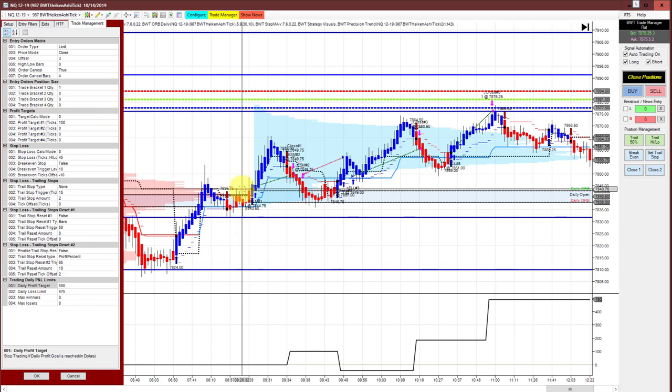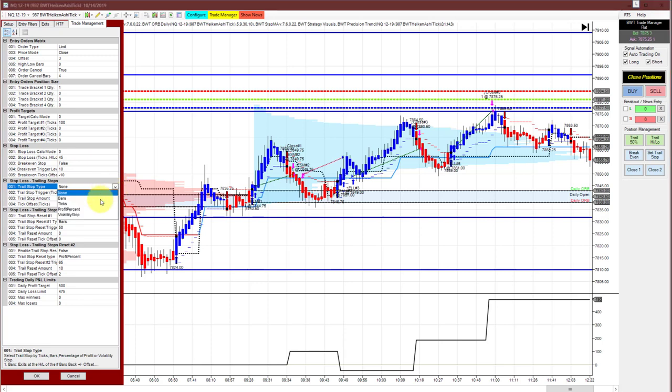This move here, the entry is right here at about 78.44, and the high is 78.66. So that's 20 points or 80 ticks. I'm going to put in a trail on this chart, and I'm going to do it by bars.